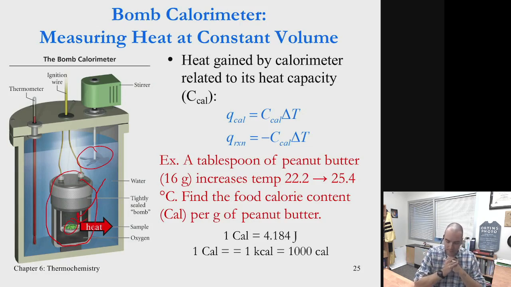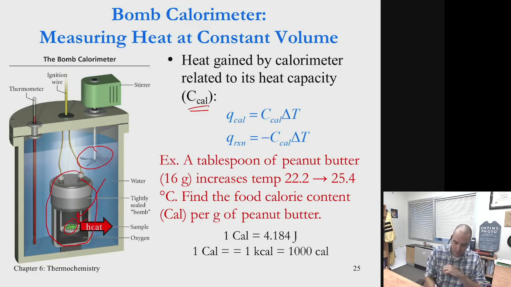So the heat gained by the calorimeter is related to its heat capacity, and because the bomb calorimeter is an object, not moles of a bomb calorimeter, not grams of bomb calorimeter, because you need a whole one, we use the generic heat capacity and call it specifically Ccal.